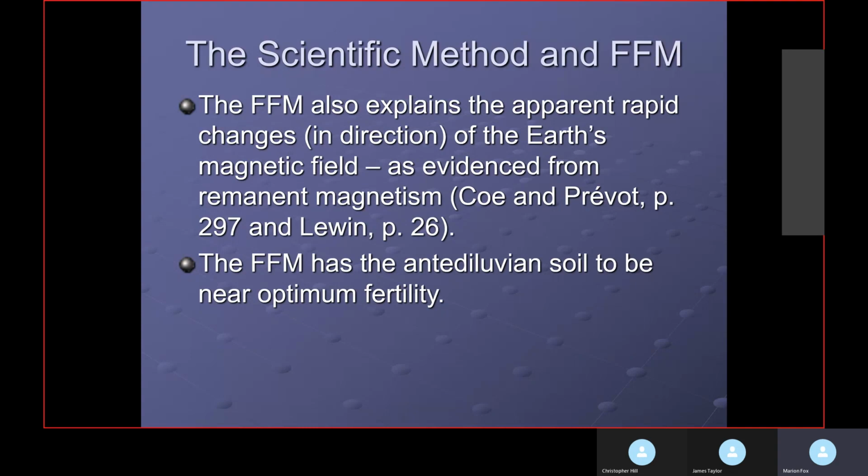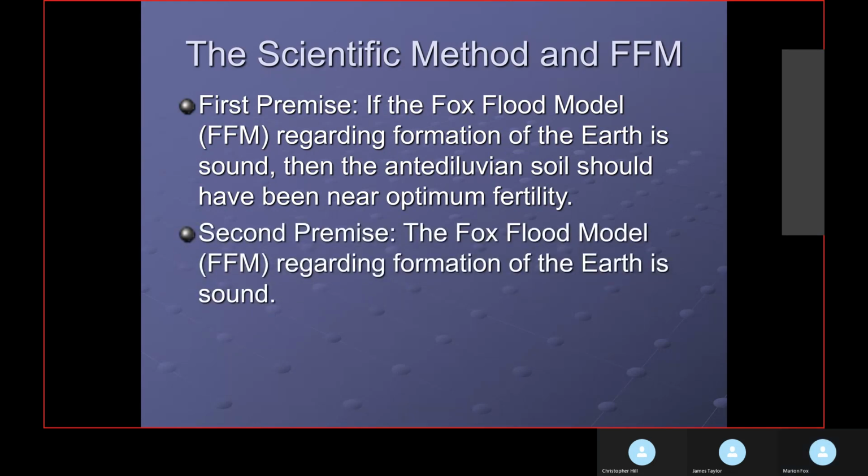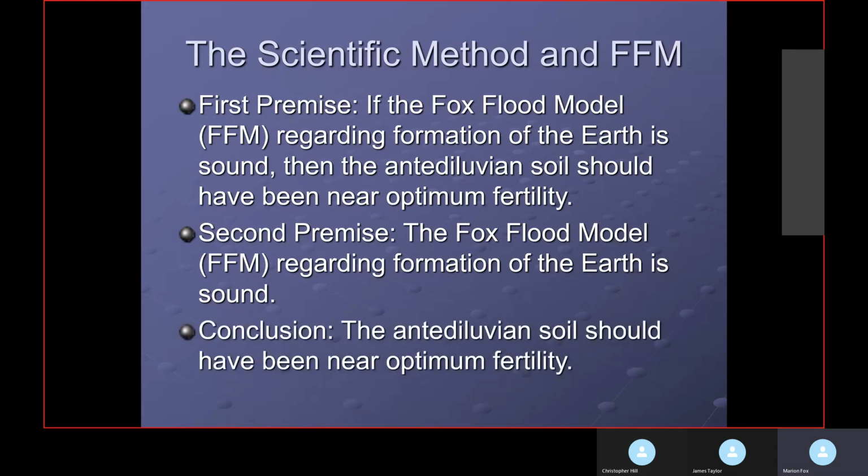The Fox flood model has the antediluvian soil at near optimum fertility. We can check that. If the Fox flood model regarding the formation of the Earth is sound, then the antediluvian soil should be near optimum fertility. And I'm claiming it's sound. Therefore, the antediluvian soil should be near optimum fertility.